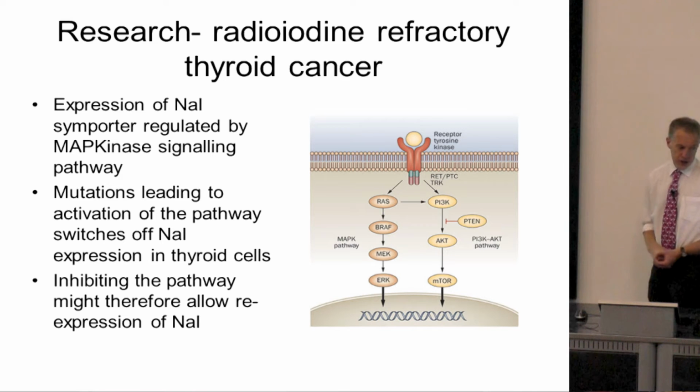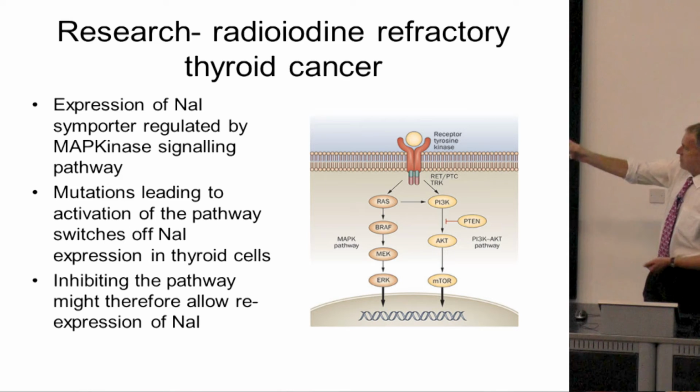So we know that the reason these patients become iodine resistant is to do with changes in molecular signalling pathways, and particularly what's called the MAP kinase pathway on the left here. And we know activation of that pathway by mutations in tumours switches off the expression of the sodium iodide symporter, so that means thyroid cells can no longer take up iodine.